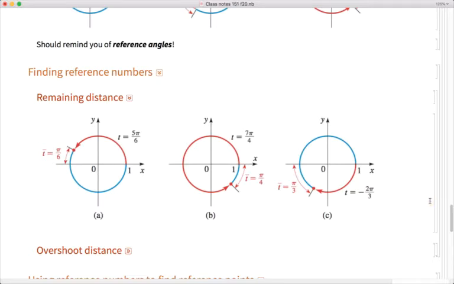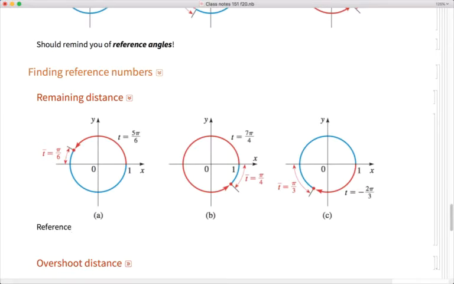Maybe I should write one of these down. Reference for 5 pi over 6 is pi over 6. Here's another example. We travel 7 pi over 4. We come up a little bit short. The remaining distance that we would need to travel is pi over 4, so that becomes the reference number.